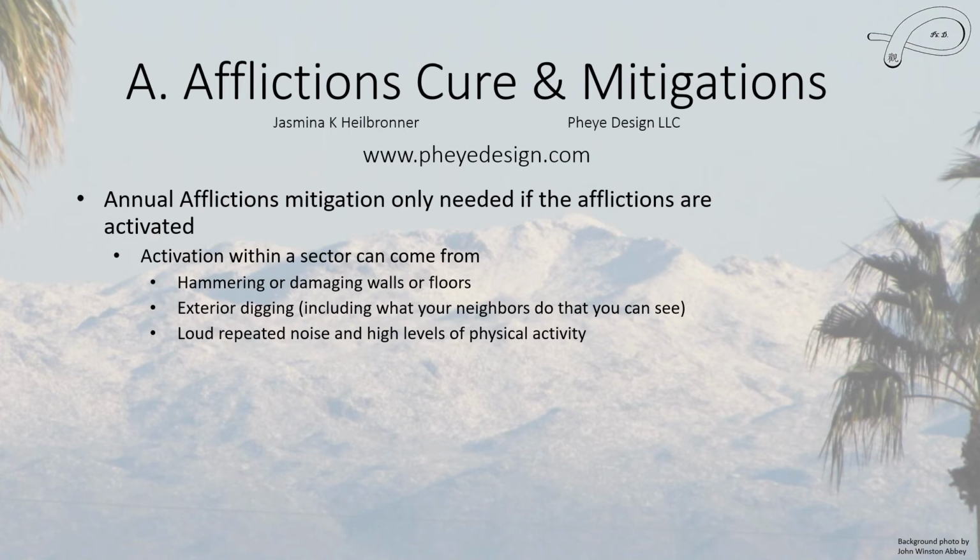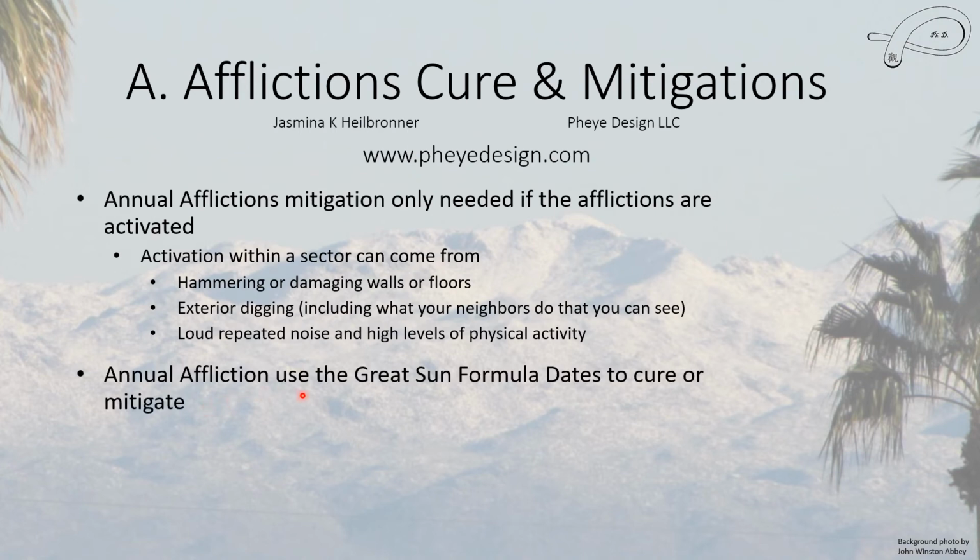You don't want to do a complete rearrangement of your furniture, especially the heavy furniture. You can move a single piece of furniture around, even if it is somewhat heavy. That's okay. But you don't want to rearrange the entire room that particular year if you have an annual affliction, unless you can do it during a Great Sun Formula time.